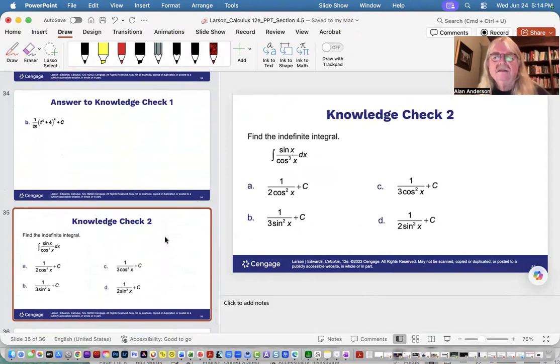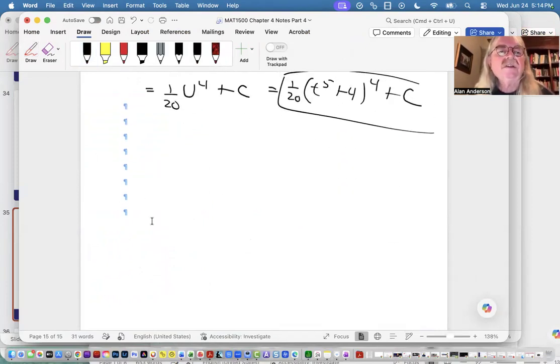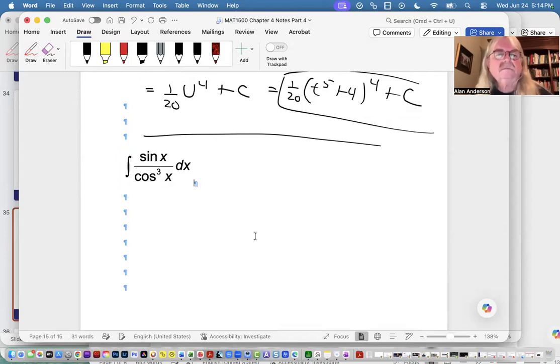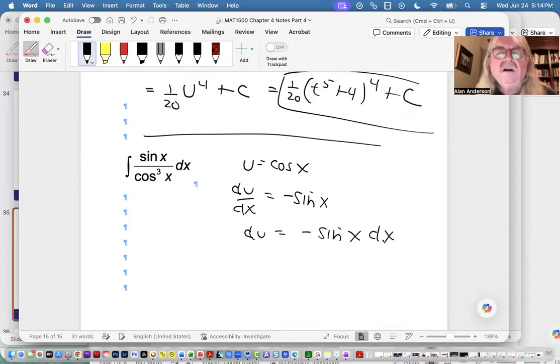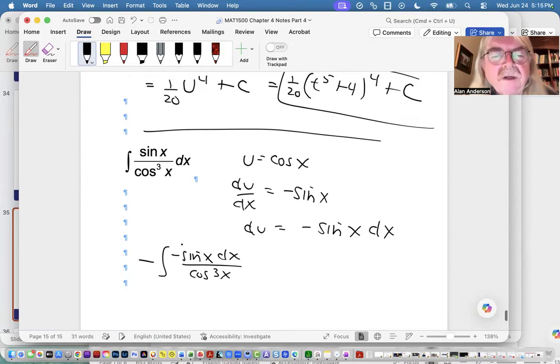Now here we got a mess on our hands. But keep in mind that general rule was that always try to let u represent the term with the highest exponent. So let's see if that works here. All right, so we're actually in pretty good shape. We just need to supply a negative. So the numerator here is our du.